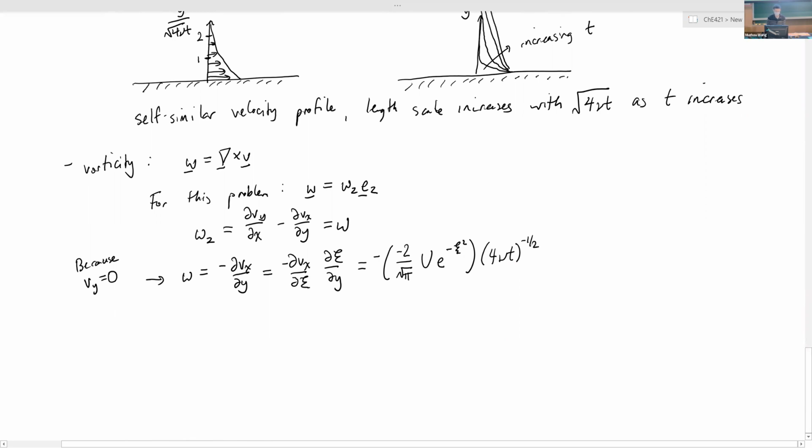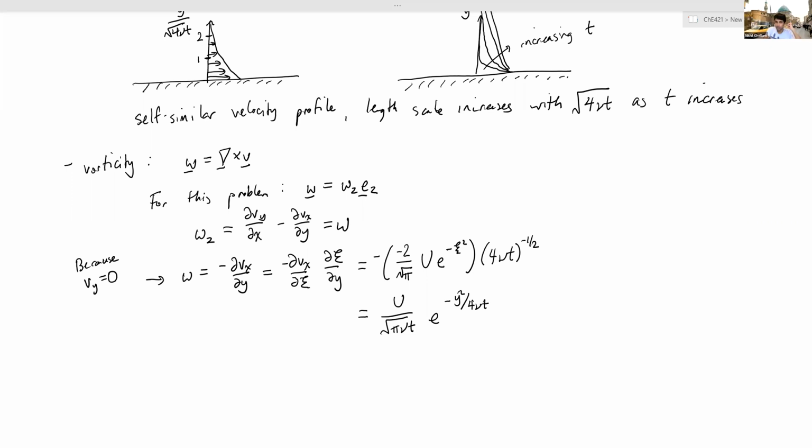Let me just simplify this a little bit, plugging in what the definition of xi is here. All right. Does this distribution look familiar to any of you? It looks like the normal distribution.